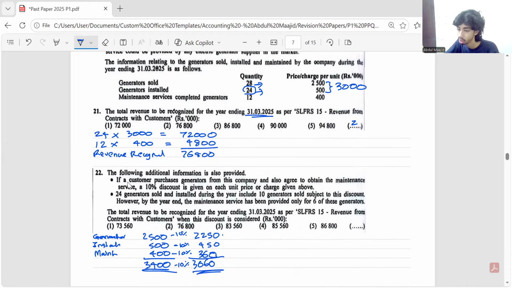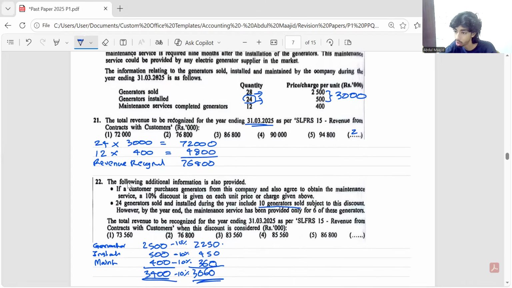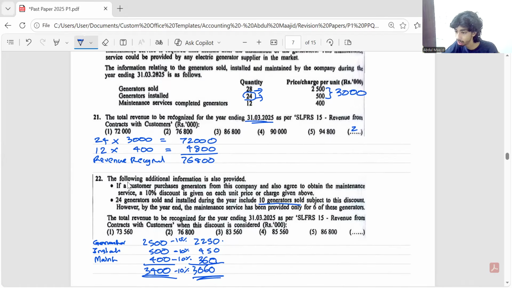Now they are saying 24 generators sold and installed during the year include 10 generators sold subject to this discount. Out of these 24 generators, 10 generators are given subject to that discount of 10%, while the remaining 14 generators are given on the normal basis. However, by the end of the year, the maintenance service has been provided only for 6 of these generators.